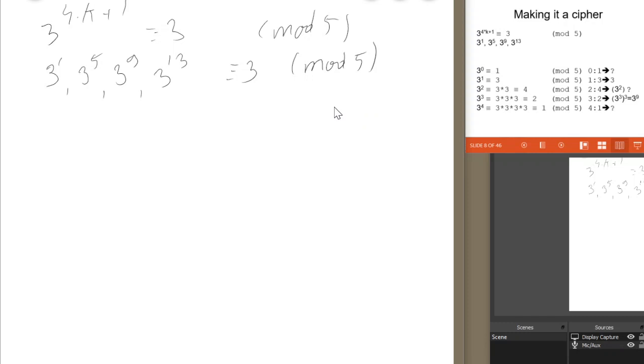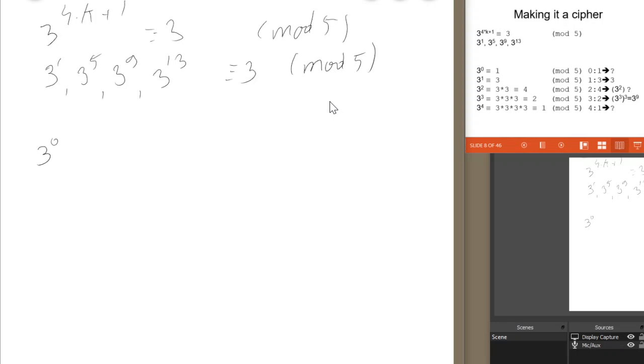Okay, so with these equalities, congruencies, we are armed now to look into this introduction to cryptography with Fermat Theorem.